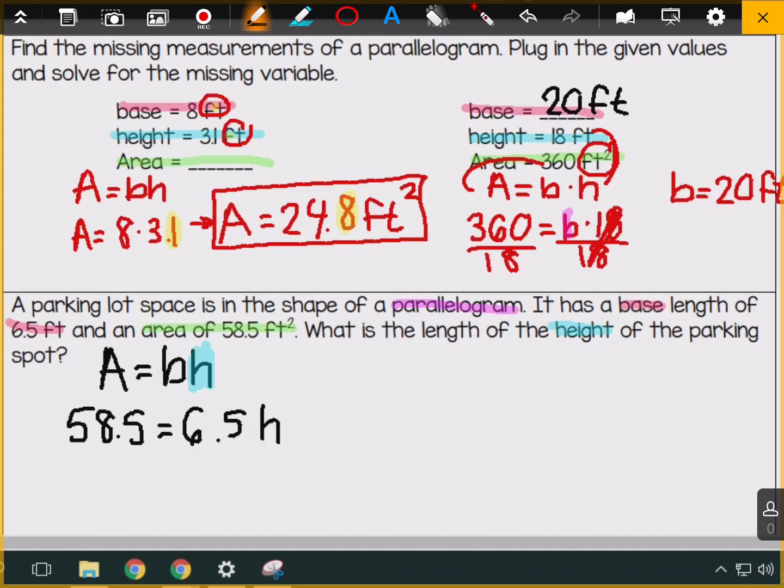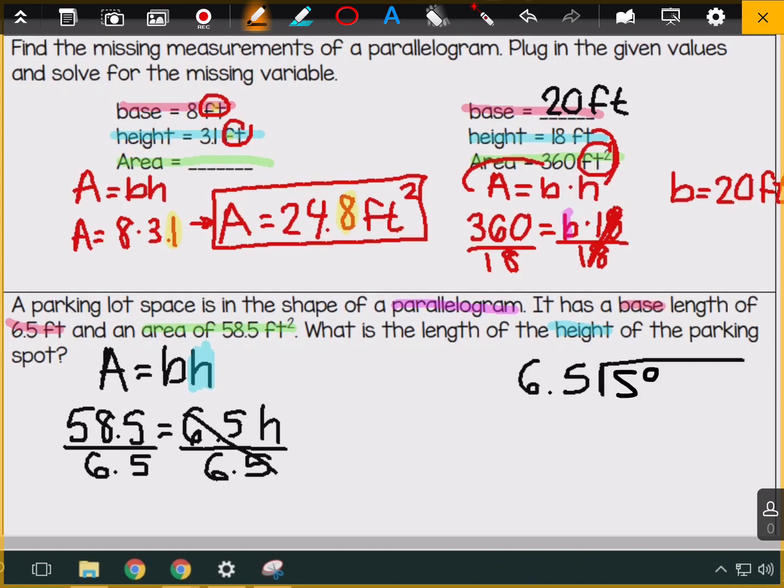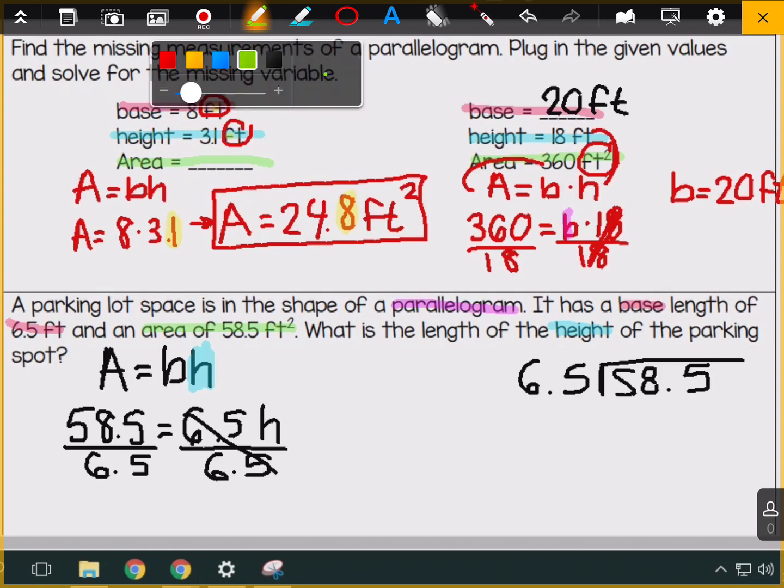We know from solving equations that when a number and a variable are touching, that means that you are multiplying. So in order to undo that multiplication, we need to divide. We're going to divide by 6.5. Now, in order to do this, we must remember that when we're setting up long division, 6.5 would go on the outside because that's our horse, and 58.5 would go on the inside. You cannot divide with a decimal on the outside.